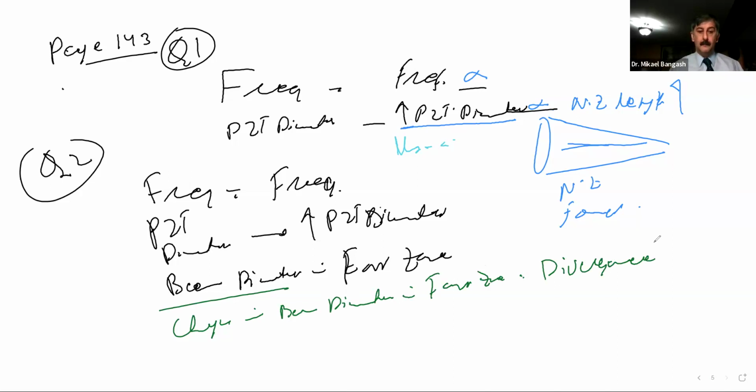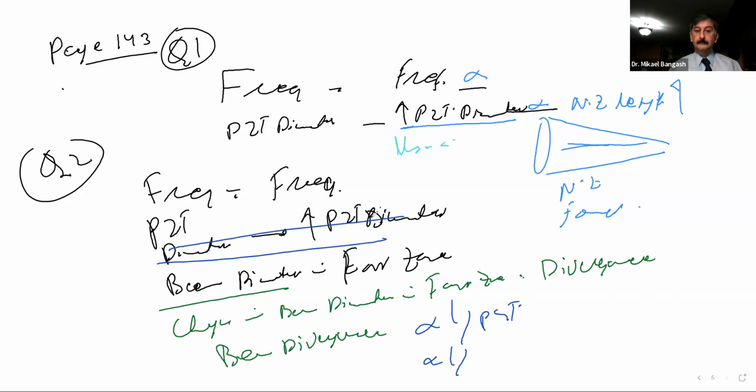Yeah, okay. The remaining point is that beam divergence is inversely proportional to both the PZT diameter and the frequency.